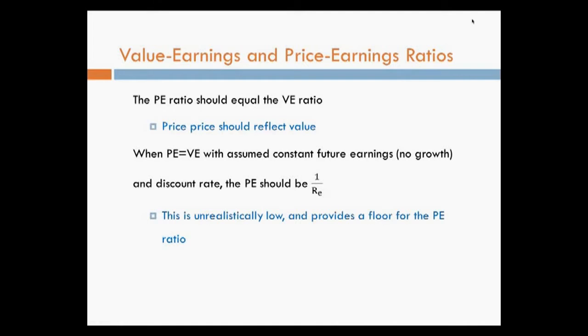In an ideal world, once you get the apples to apples comparison going, the PE and the VE ratios should equal each other, meaning the market has figured out the value. And with that, I think the book goes through this derivation. We won't. In that situation where PE is equal to VE, the PE will be equal to 1 over the required rate of return.